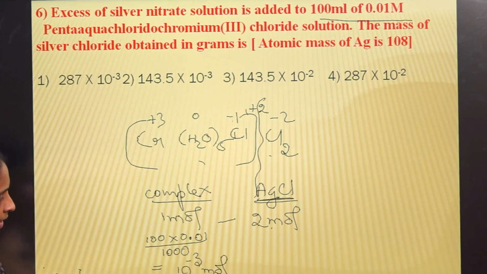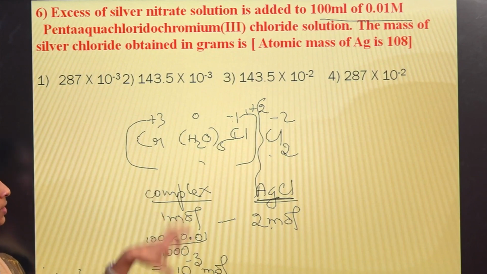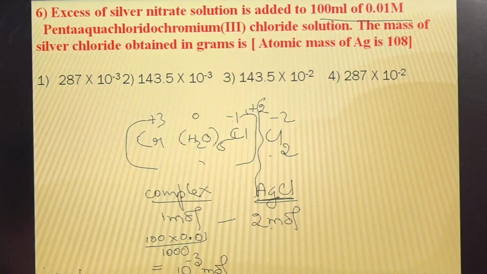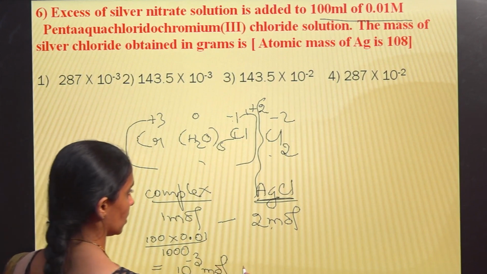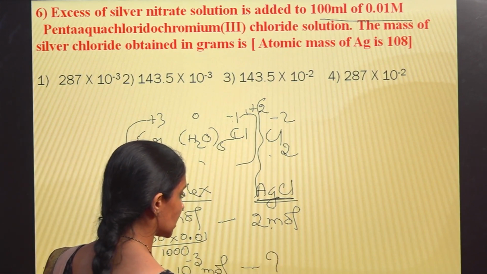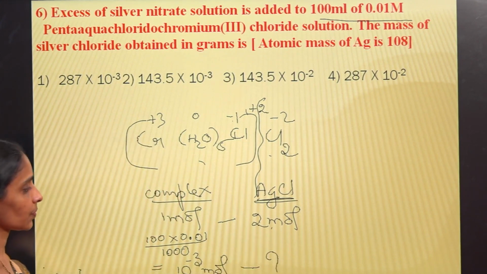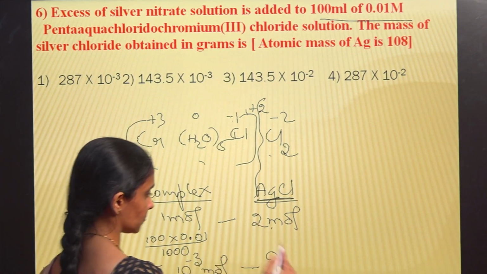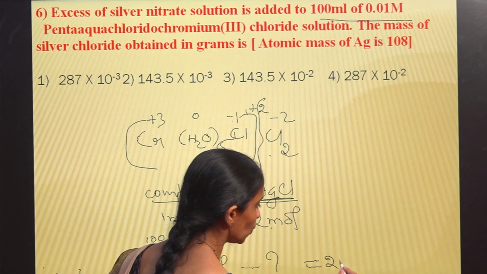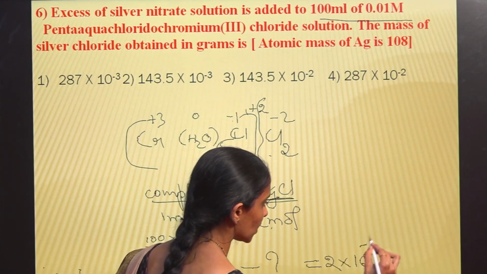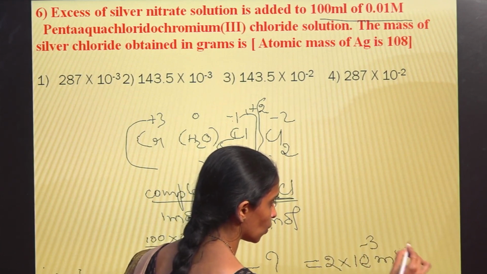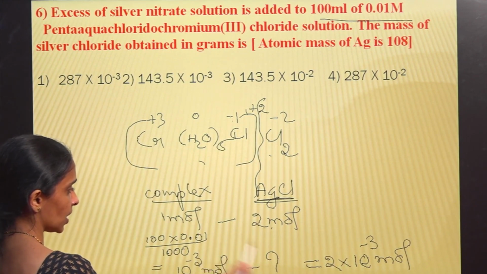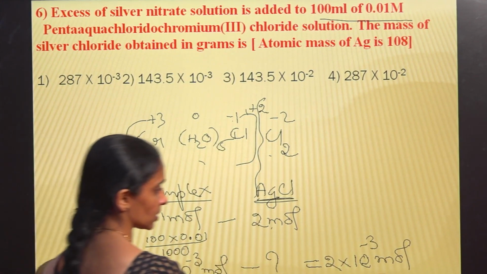Okay, 10 power minus 3 moles of the complex is there in the problem. Now, how much silver chloride is formed from this? It is just cross multiplication, that is 2 into 10 to the power minus 3 mole, divided by 1, which makes it the same.